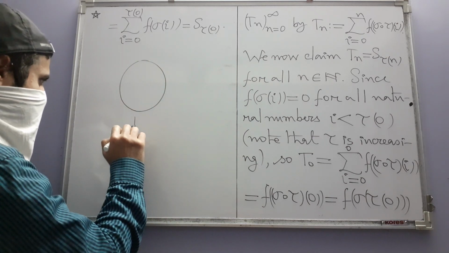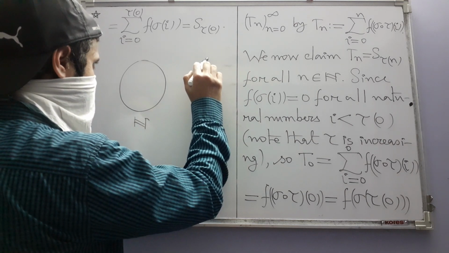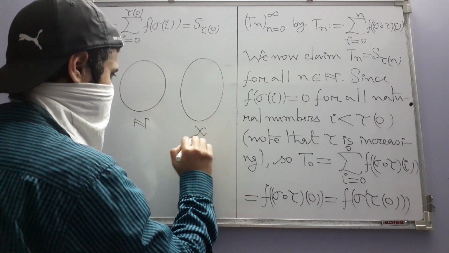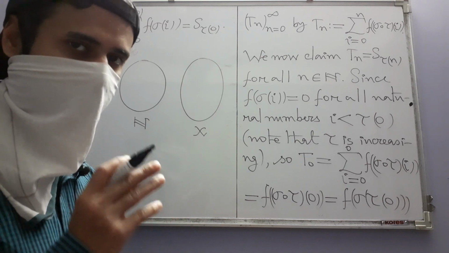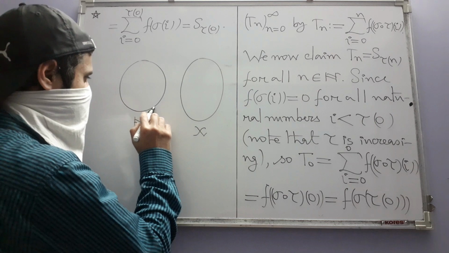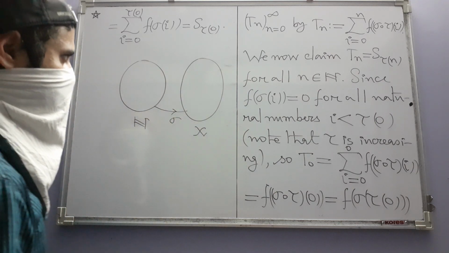This is our set of natural numbers, and this is x. Originally, sigma is a bijection from n onto x. So we have a function sigma, and then what do we have?